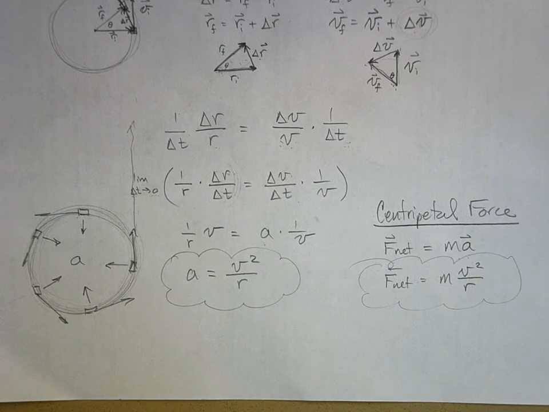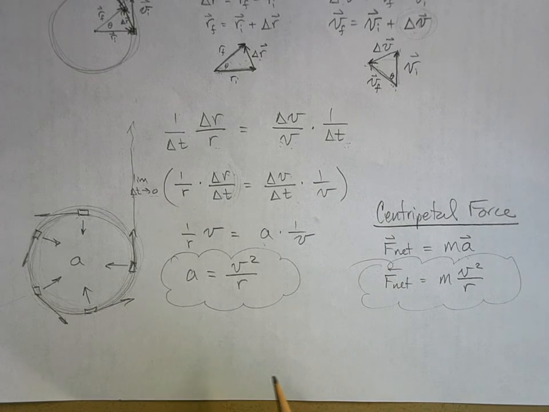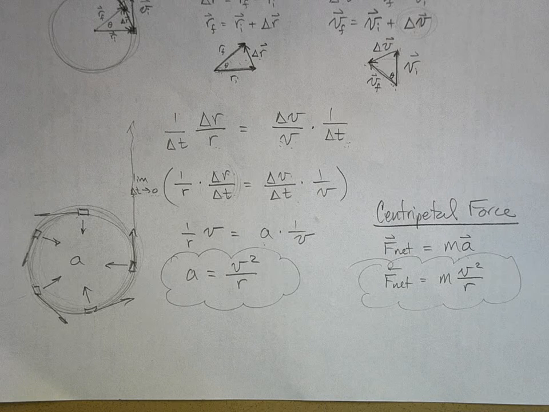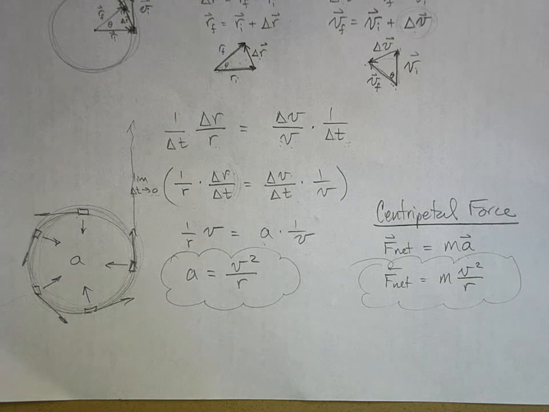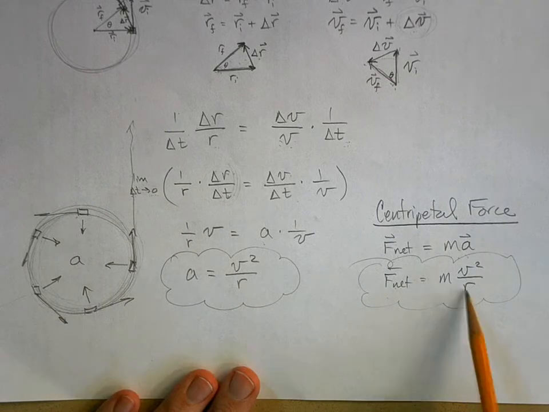So if you have an object that's moving in a circle and there's some force acting on it from the outside, it could be the force of friction if it's a car going around a circle. It could be gravity if it's a satellite moving around the Earth. It's the force of gravity. We're going to study that later. If I have a mass on a string and I'm whirling it around my head, it's the tension force in the string. And all of those will cause this net force that will cause the object to move in a circle. V squared over r.